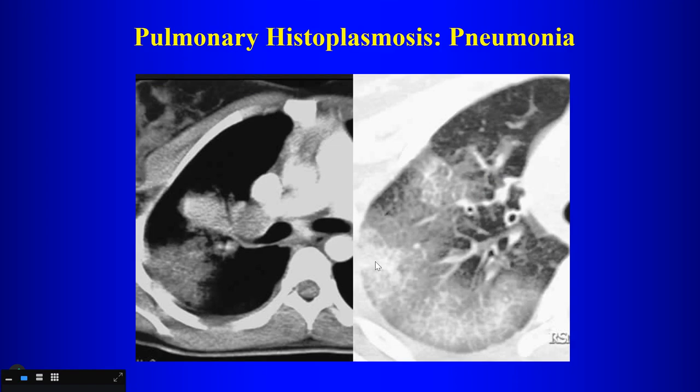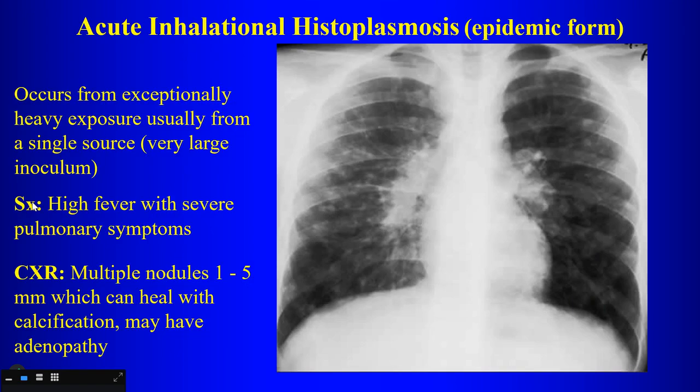And then on CT, we can see the consolidation, we can see the lymphadenopathy. So consolidation with lymphadenopathy, we can see this with all fungal infections, especially with histoplasmosis. In the acute inhalational form, the epidemic form, when patients are exposed to a large amount, like bird droppings in chicken coops, patients can develop these multifocal nodules. So very heavy exposure, high fever, severe pulmonary symptoms.